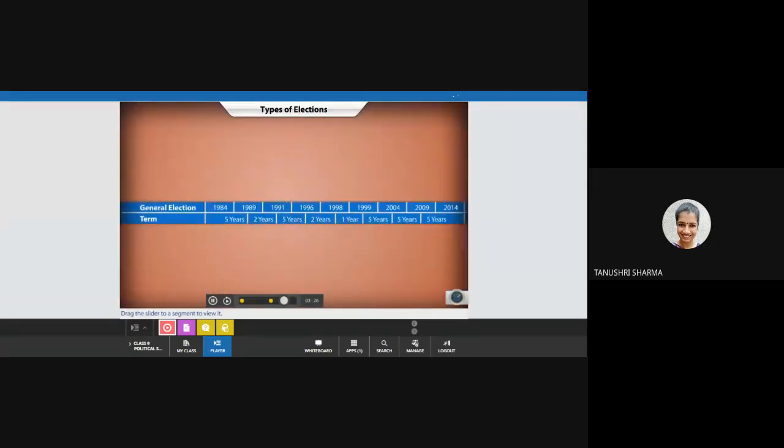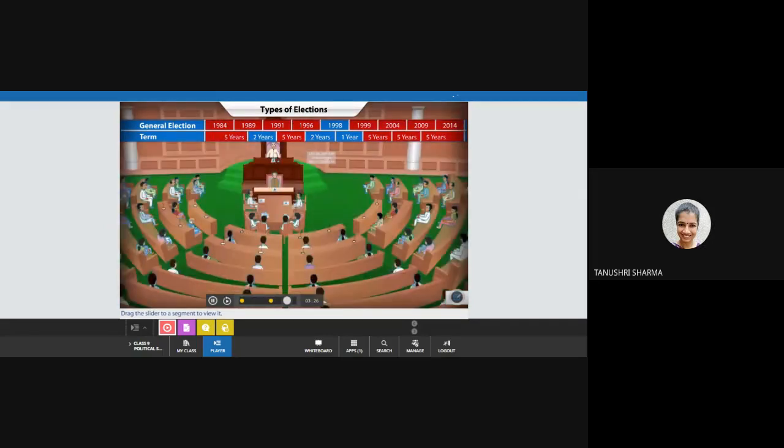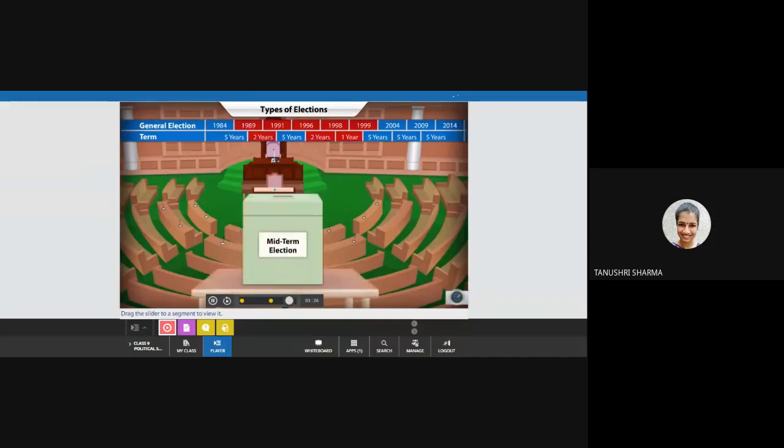The election process can also be categorized with respect to their term. Ideally, a general election takes place every 5 years. However, in case of untimely dissolution of the central or state legislature, midterm elections are held to elect a new house.